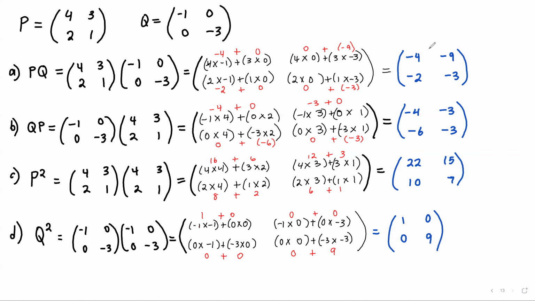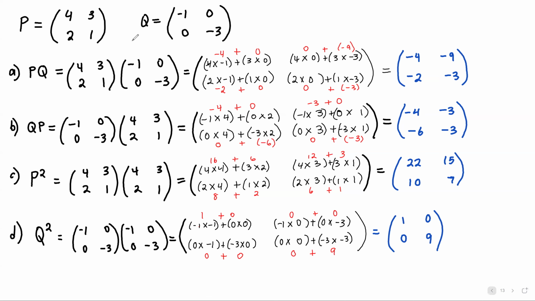Now we need to find 3 times PQ. Now I already have PQ over here. So 3 times PQ, I would just need to multiply 3 by every element inside PQ. PQ is -4, -9, -2, -3. Let me double check.